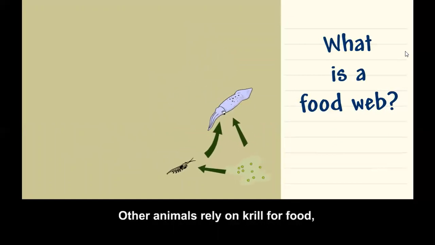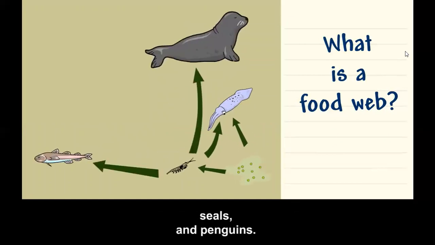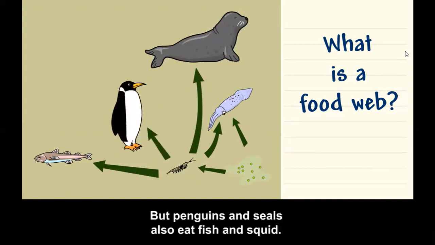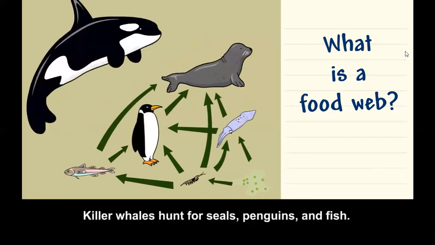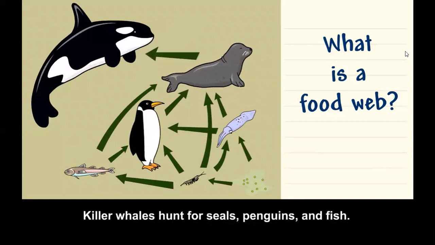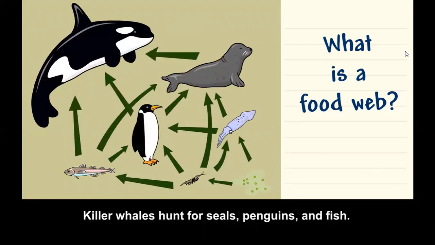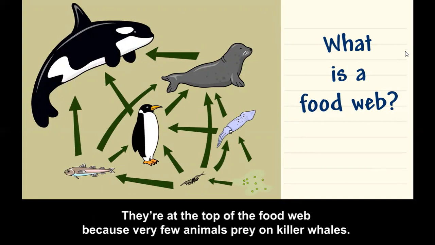Other animals rely on krill for food, including fish, seals, and penguins. But penguins and seals also eat fish and squid. Seals prey on penguins too. Killer whales hunt for seals, penguins, and fish. They're at the top of the food web because very few animals prey on killer whales.